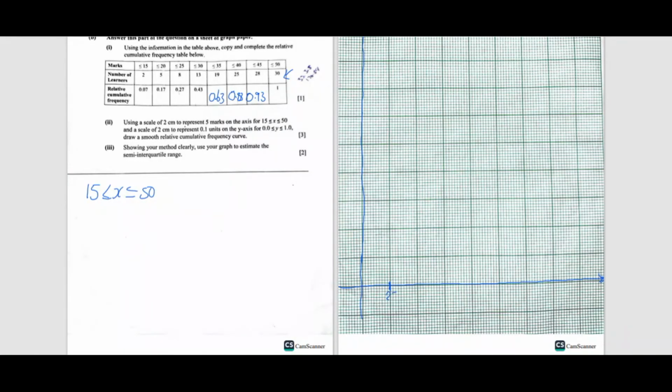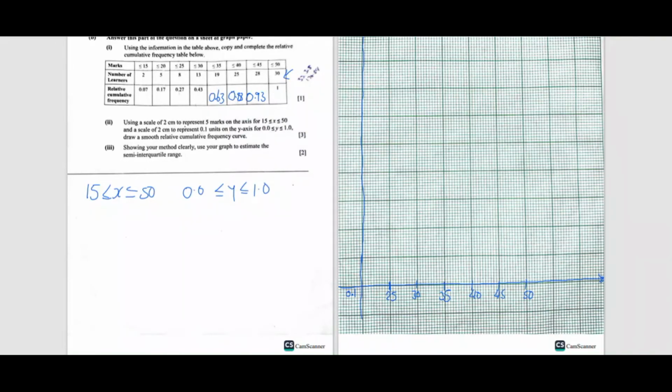We start from 25, plus 5 is 30, 35, 40, 45, 50. So we have 50 here. Then for the y-axis, we know that we are starting from 0.0 up to 1.0.